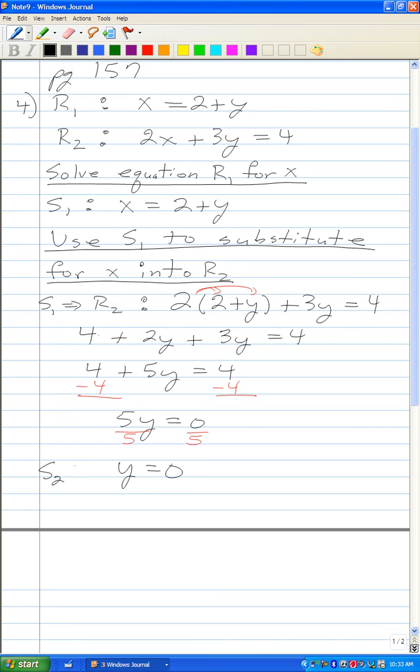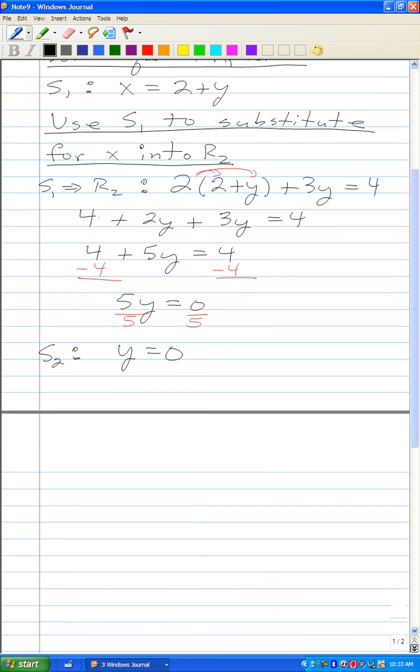So now that I've solved for the variable y, let me use that. Let's use this solved variable S2, and let's plug into S1, and this will determine the other variable, in this case x.